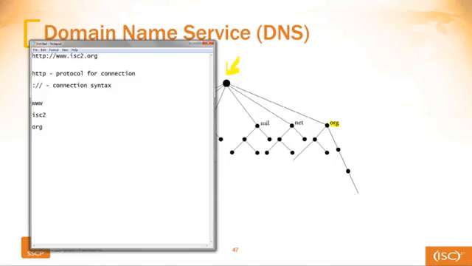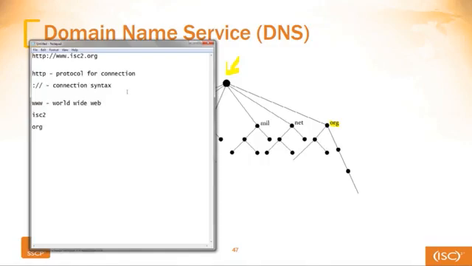These are information items that tell us where to locate and what to look for. www, hopefully you know, stands for World Wide Web. In other words, using the HTTP protocol, what location are we actually going to hunt in? We're going to go hunt in the World Wide Web.